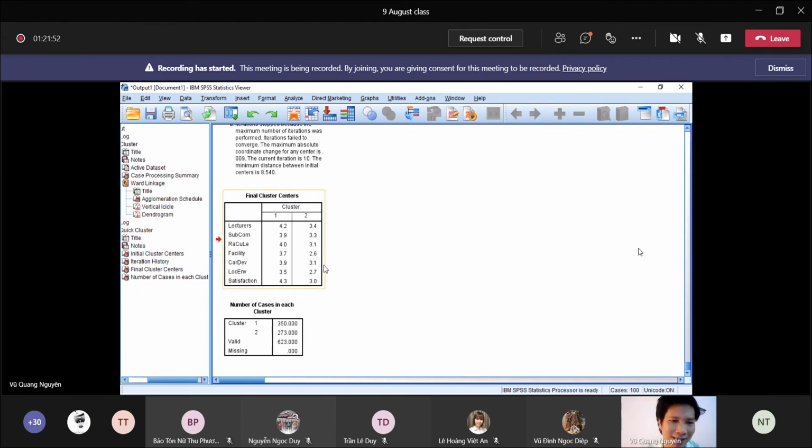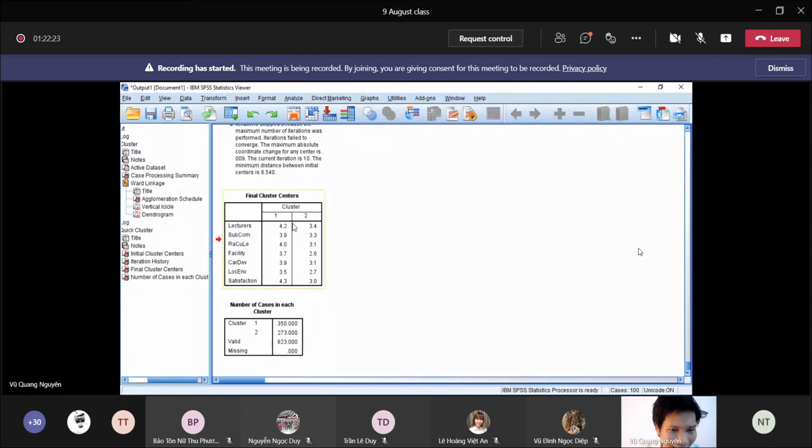Second cluster, people who care about facility, career development, location, environment. So if we target the second cluster, then we must improve facility, career development, and location environment. We need to know the difference in aspects that cluster 1 cares about and cluster 2 cares about. See, we should know that, so we can try to target them with different policies.